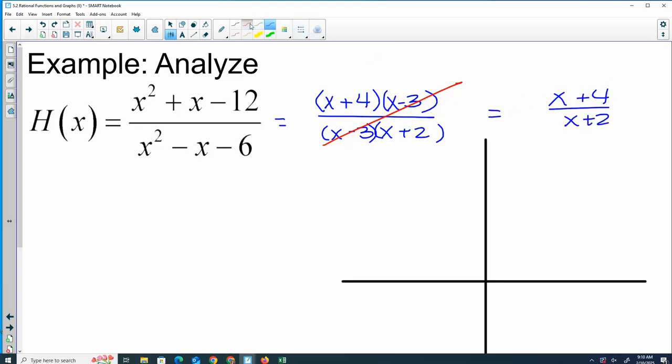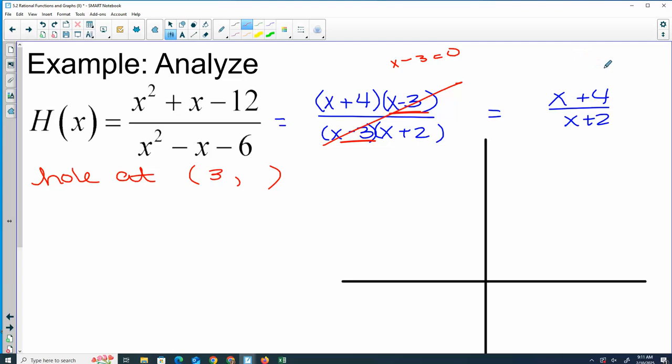When something cancels, that means there is a hole or an open circle in the graph. And we have to be able to give the point where it happens. So the x value comes from that thing that canceled. If you set x minus 3 equal to 0, what do you get? 3. So that's where I get the x value.